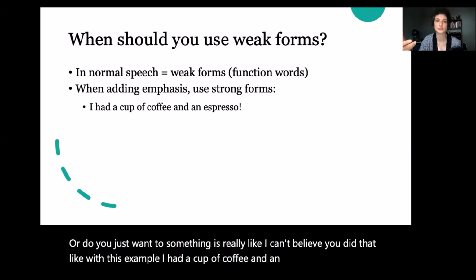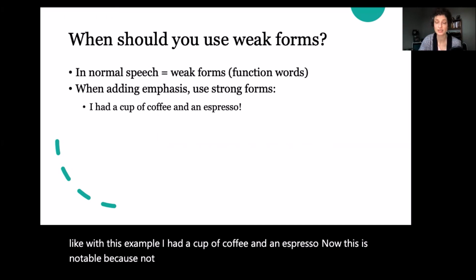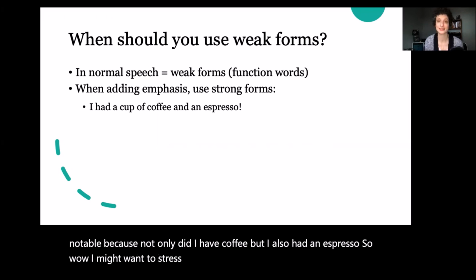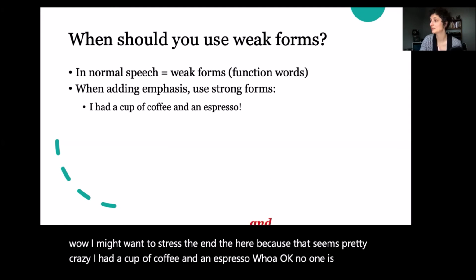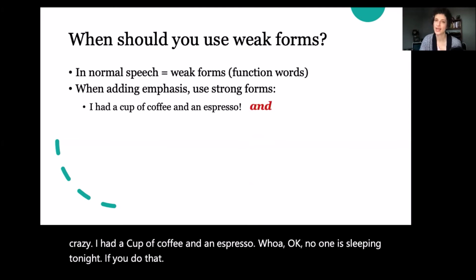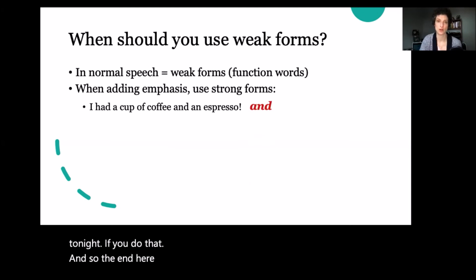Now this is notable because not only did I have coffee, but I also had an espresso. So I might want to stress the "and" here because that seems pretty crazy. I had a cup of coffee and an espresso. Whoa, okay, no one is sleeping tonight if you do that. And so the "and" here is in the strong form.